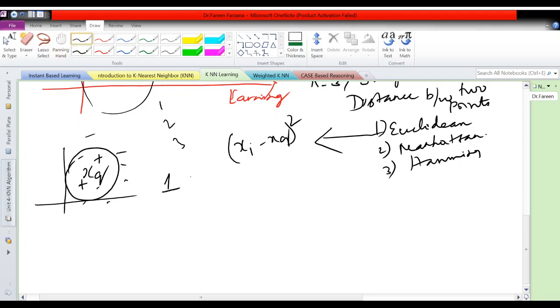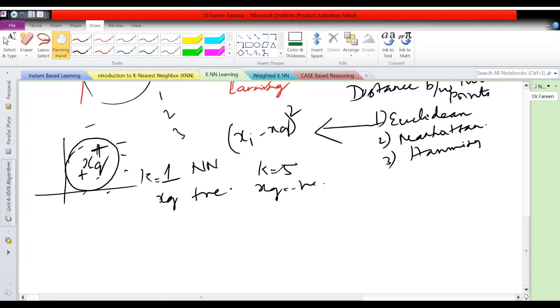If I take one nearest neighbor, that is k equal to 1, the positive example is nearest to the query, so xq will be classified as positive. Or if I take 5, then the 5 nearest points are negative, and xq will be classified as negative.